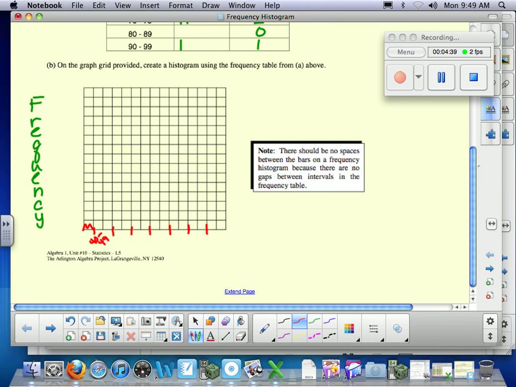So if you have to write them kind of kitty corner or something to make things fit, that is certainly fine. On the Regents exam, they have been very good about giving you lots of space. Your graph paper will always fit for that.